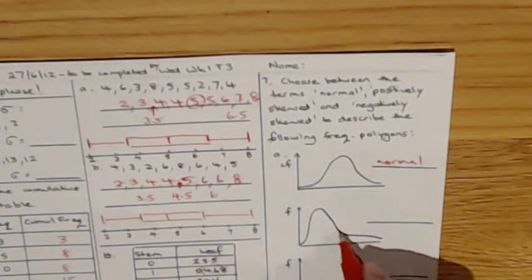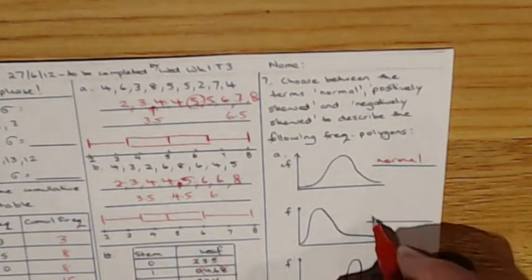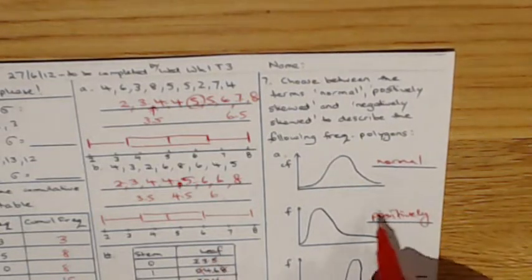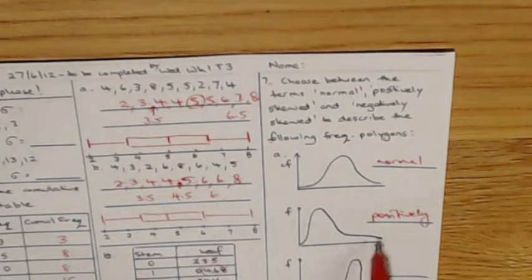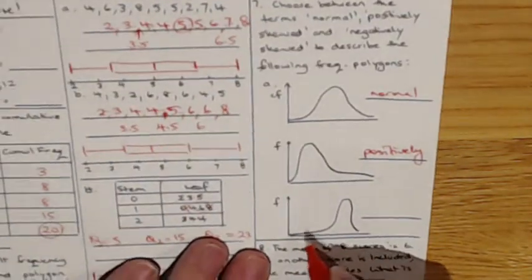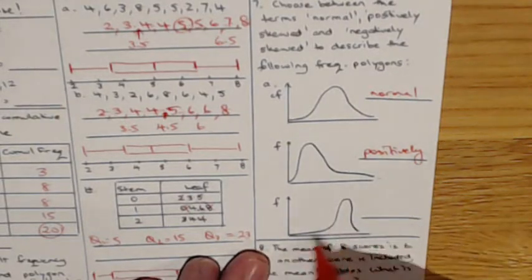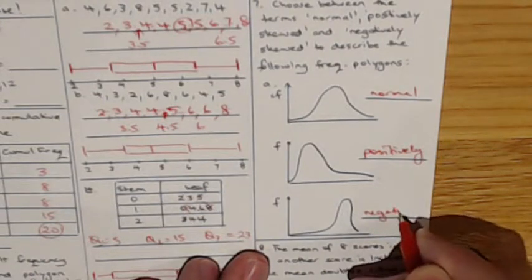This one here, as you can see, the tail swings around. The tail is heading towards the positive direction, therefore it's positively skewed. What we're talking about there is the fact that traditionally on a number line, to the right is positive numbers, and to the left is negative numbers. And so when the tail, as is the case here, when the tail or a section of the graph seems to be running towards the left, then it's called negative skewed.